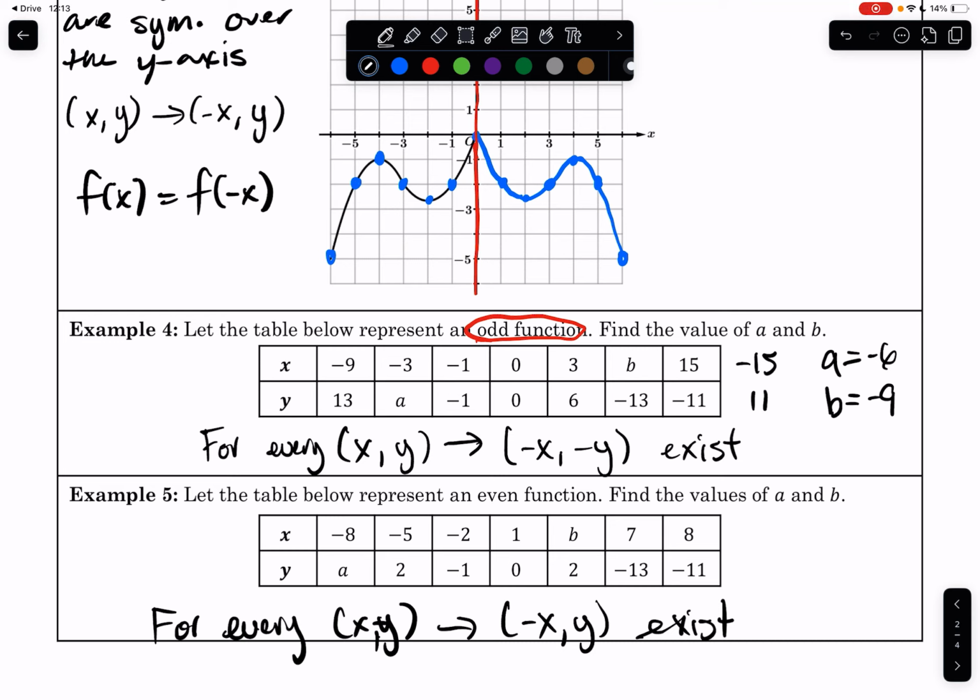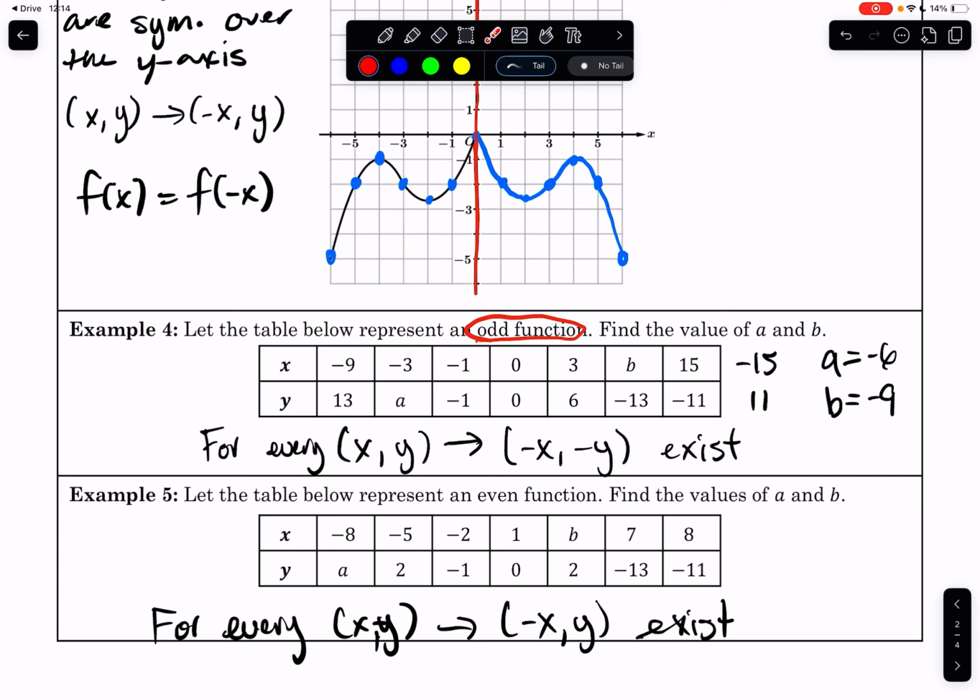So as you see here, negative 5, 2. So that means at positive 5, the y value will also have to be 2. Same thing right here. And negative 2, negative 1, then there has to be a positive 2 that has the same y value of negative 1. So the opposite x is going to have the same value of y.